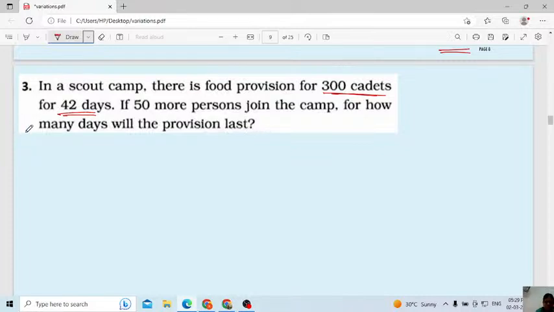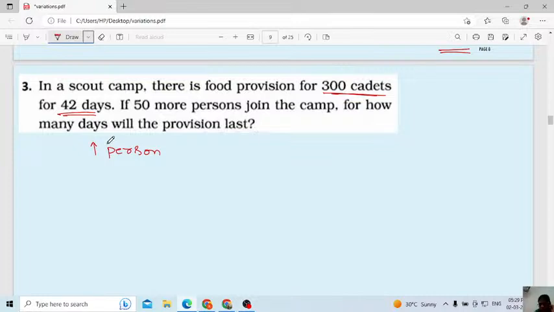This one is based on the variation, solve. See, number of persons, use your common sense. If the number of persons increases, then the amount of food consumed increases or decreases? Whether it is directly proportional or inversely proportional, first tell me that.